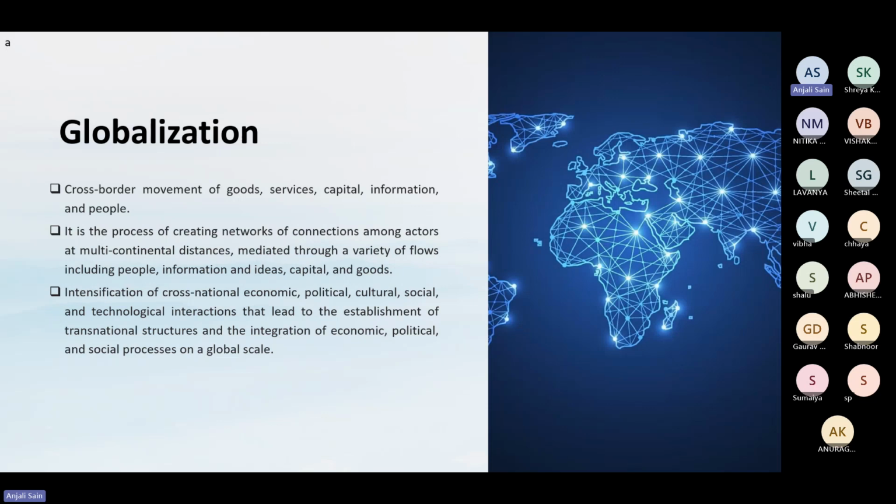This means the integration of economic, political, and social processes on a global scale.